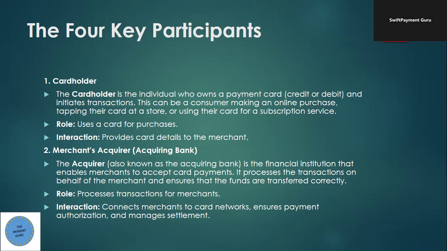And the customer who comes in with the card, who made a purchase of 100 US dollars and will tap in, is the cardholder. The interaction connects merchants to the card networks, ensures payment authorization, and manages settlement. So this merchant acquirer, the acquiring bank, does all three of these. That is, connecting merchants to the card networks, right?